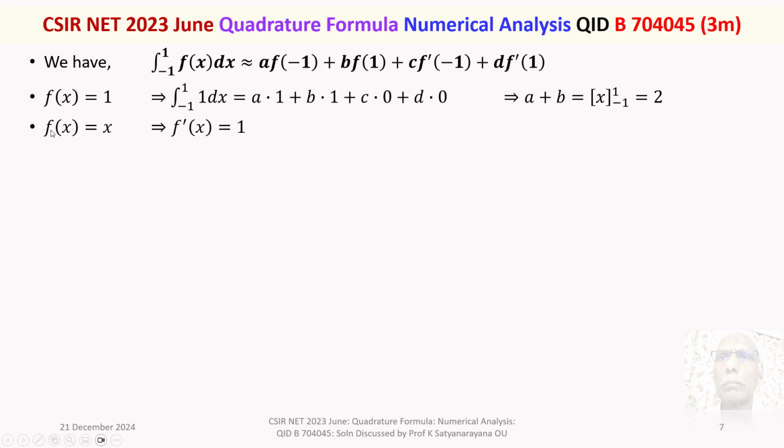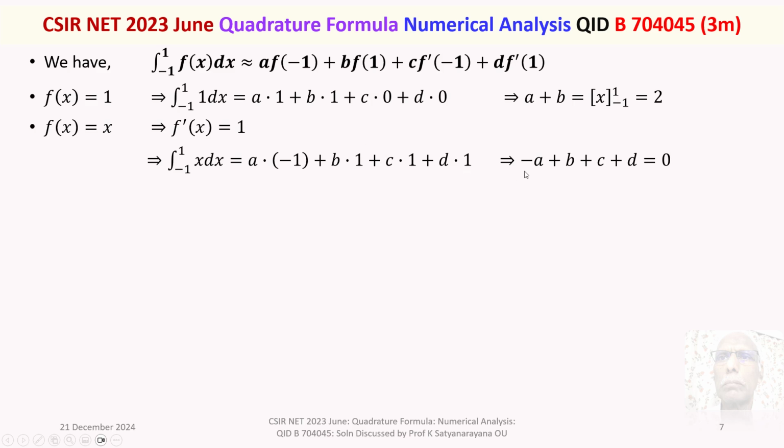Now, second one, f(x) equal to x, f'(x) equal to 1. Then the quadrature formula becomes integral from -1 to +1 of x dx, and it becomes exact. That is why we write: equal to a times f(-1), which is -1, plus b times f(1), which is 1, plus c times f'(-1), which is 1, and d times f'(1), which is 1.